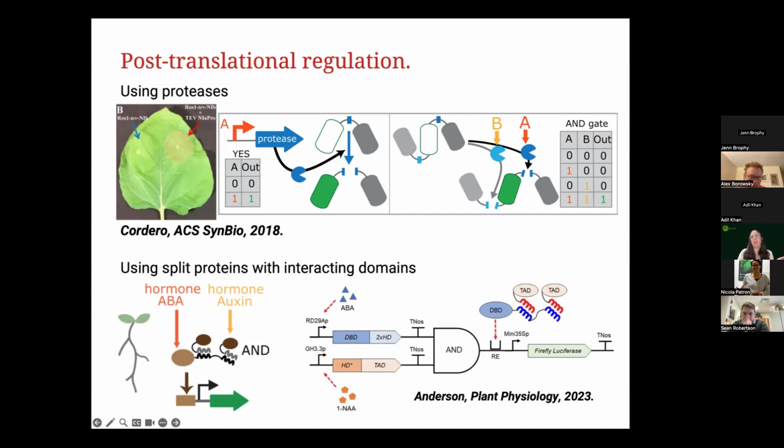You get the final expression of luciferase when the two proteins come together. Those interacting domains have been used quite a lot in different systems, and they allow implementing these AND gates quite easily, and they work quite well.